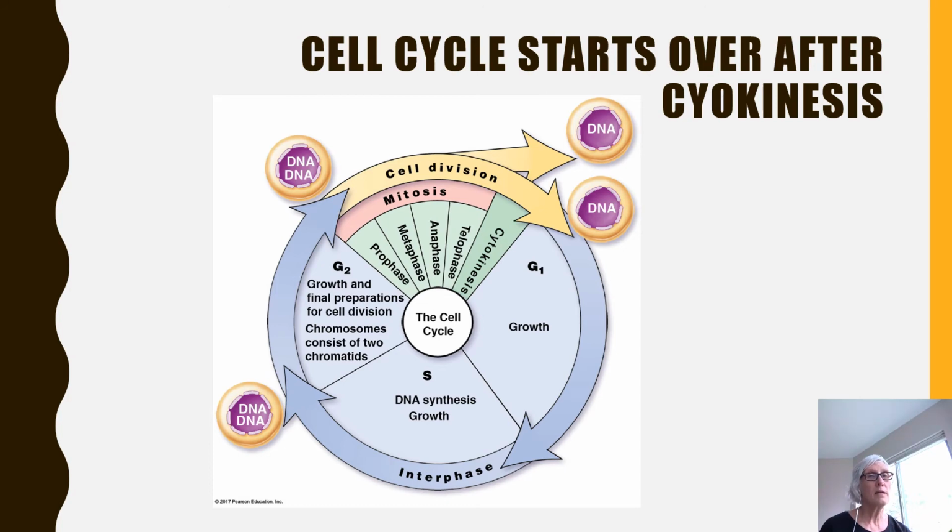The cell cycle starts over following cytokinesis. That's why it's called a cycle, because it occurs over and over and over again, unless, of course, it doesn't. There is a reason for cells to enter something referred to as a G0 rest phase between the G1 growth phase and the S DNA replication phase of interphase.